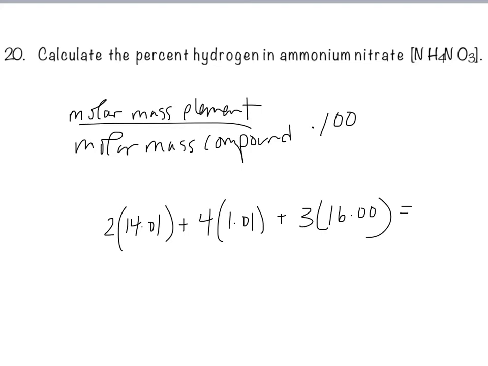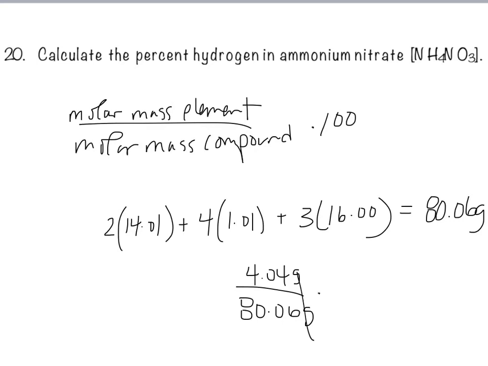And so if I multiply and then sum all these, I find the total mass of this compound weighs 80.06 grams per mole. And so I look at this, I take the mass of the element, so it's asking for hydrogen, and so I don't want to put 1.01 because there are 4 of them, so 4 times 1.01, we have 4.04 grams of hydrogen over the entire compound, which is 80.06 grams.